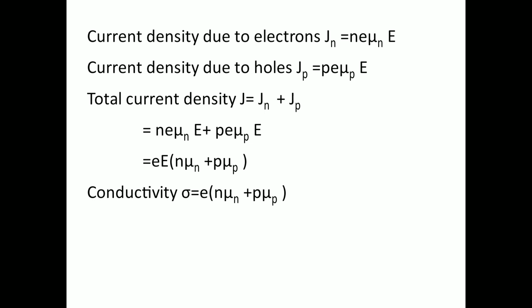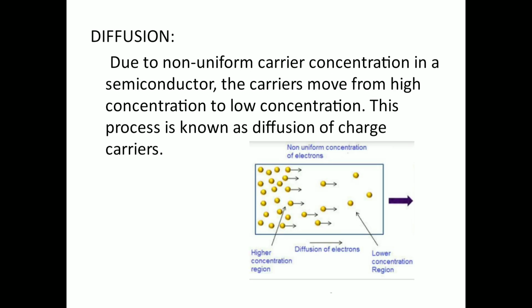Next, diffusion. In diffusion, due to non-uniform carrier concentration in a semiconductor, the carriers move from high concentration to low concentration.